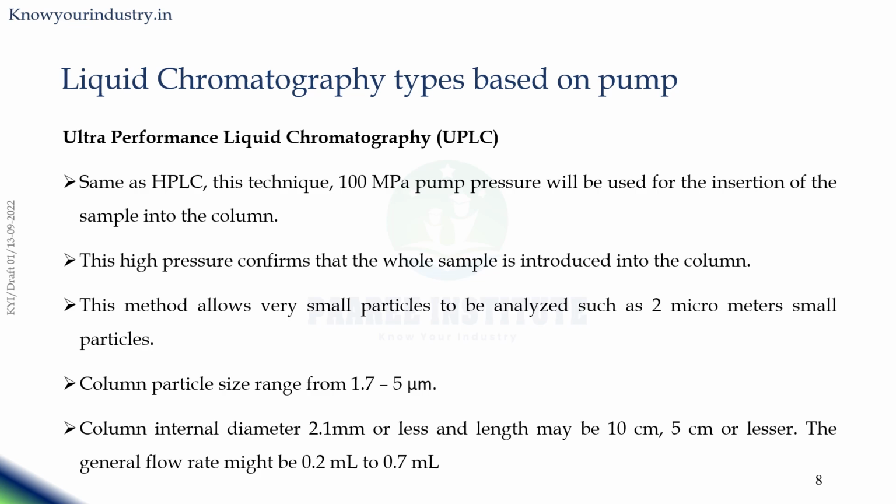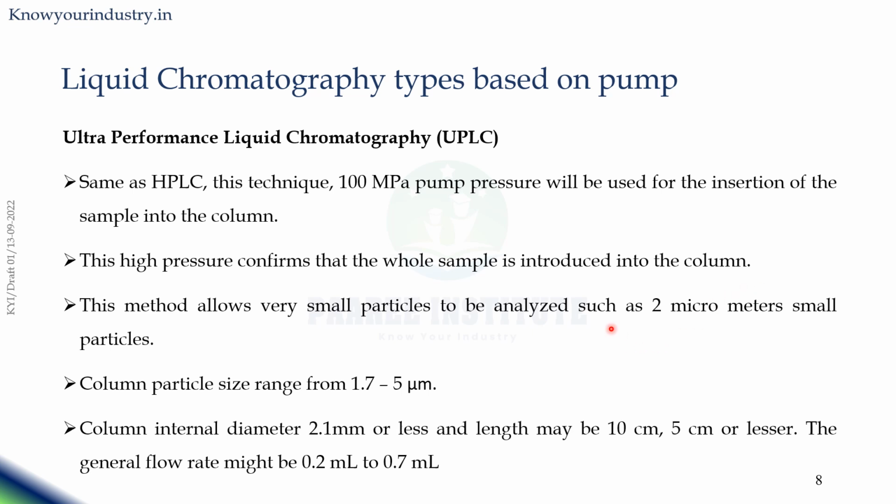So coming to the UPLC, the pump pressure will be around 100 megapascal, which is used to push the mobile phase into the column. The high pressure ensures that the whole sample is introduced into the column.